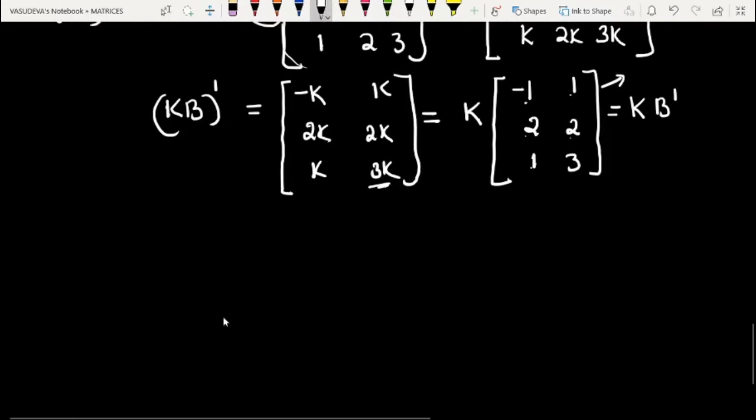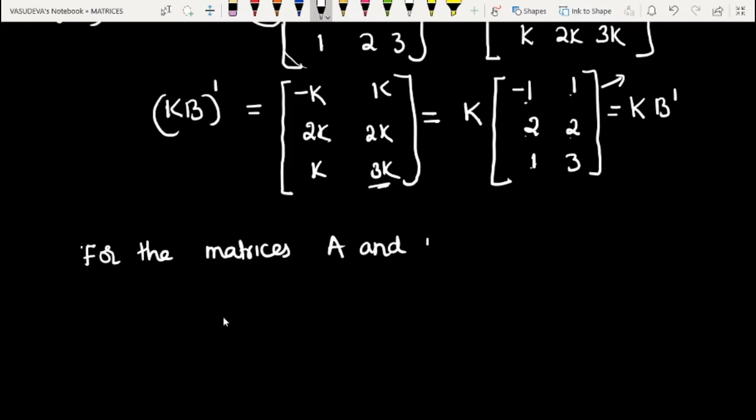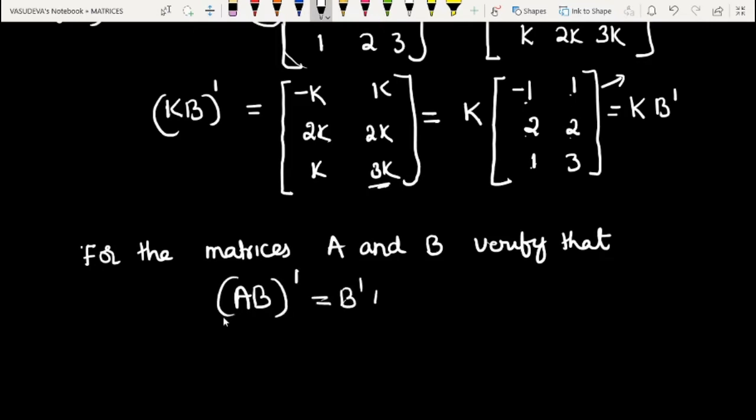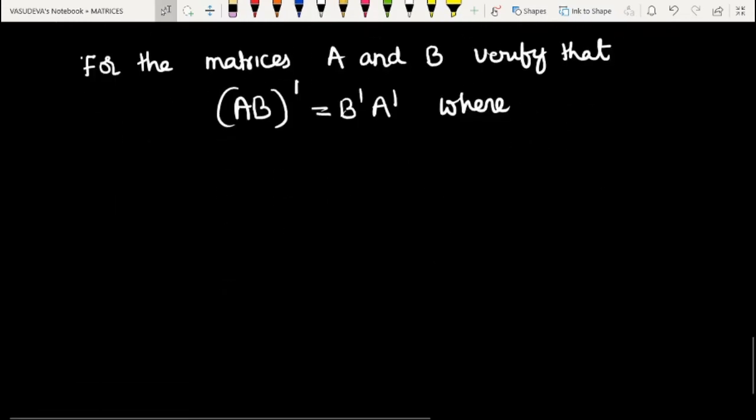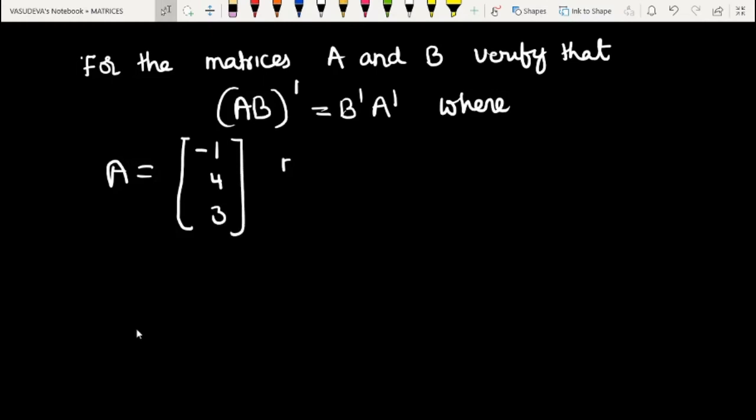So now take another problem: for the matrices A and B, verify that AB whole dash is equal to B dash into A dash, where the matrix A is a column matrix minus 1, 4, 3, and B is a row matrix minus 1, 2, 1.